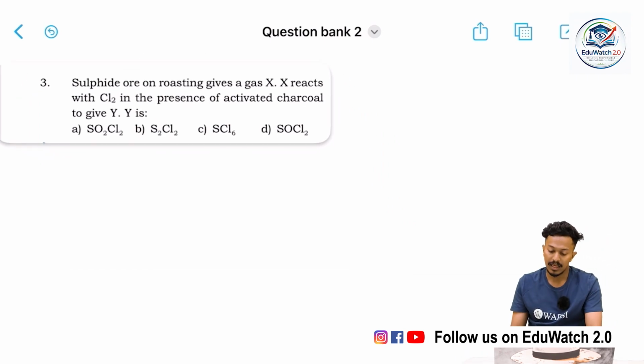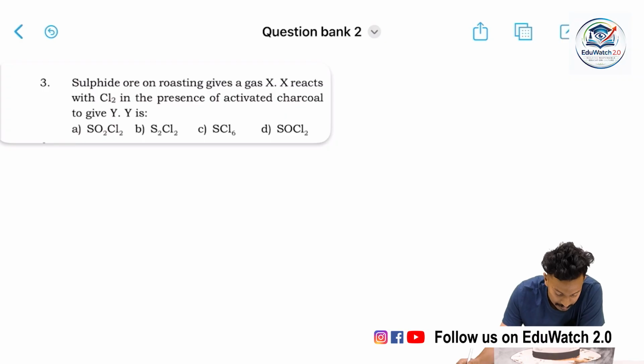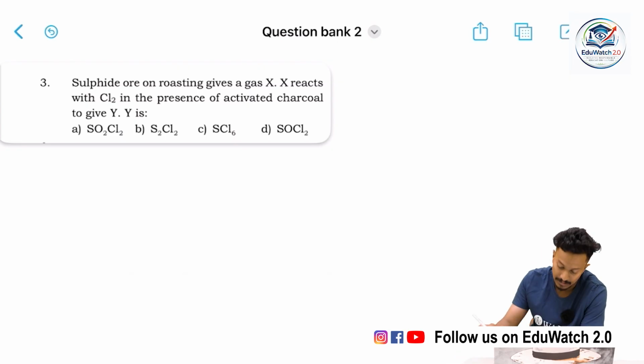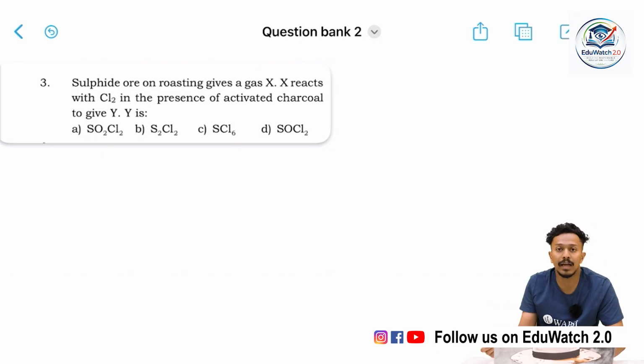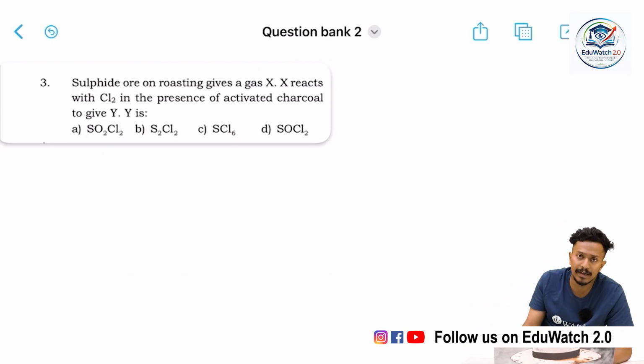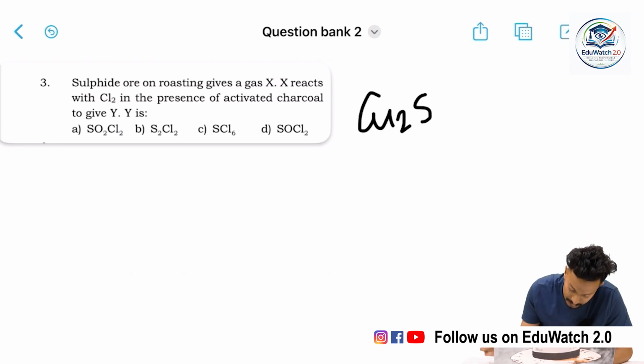A sulfide ore on roasting gives a gas X. The gas X reacts with Cl2 in the presence of activated charcoal to give Y. Y is, right? We can have any sulfide ore, right? We'll take copper sulfide, Cu2S.